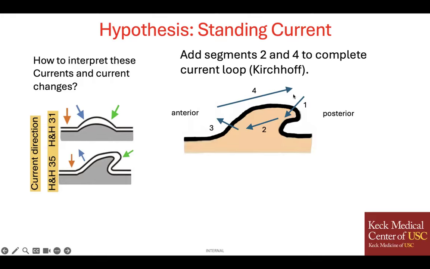So this is what I call a standing current. It turns out that this return current here, number 4, can actually go in many directions. But for analyzing this, we can think of this as one small current loop.